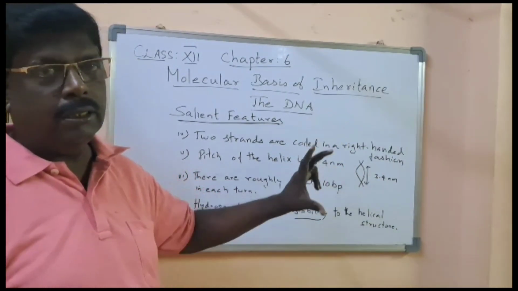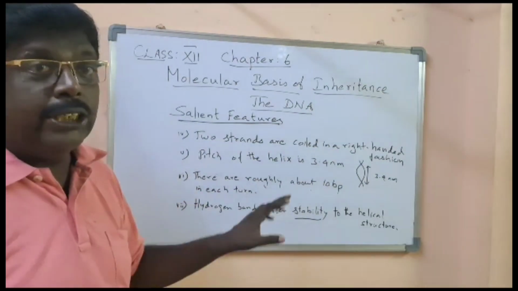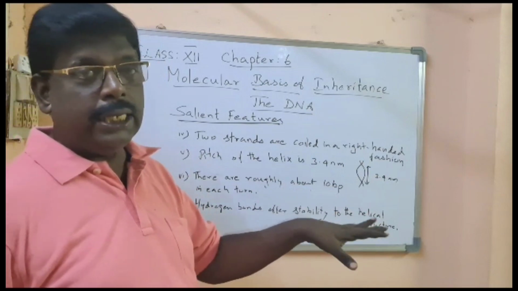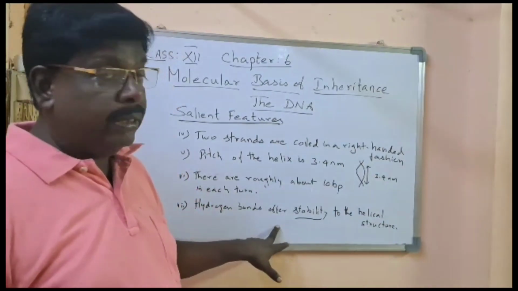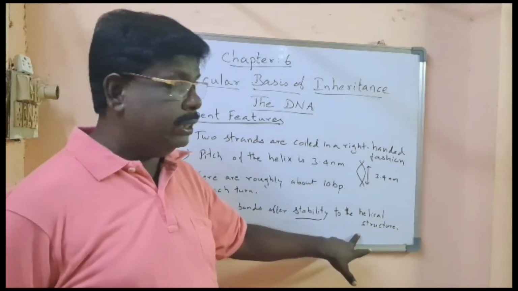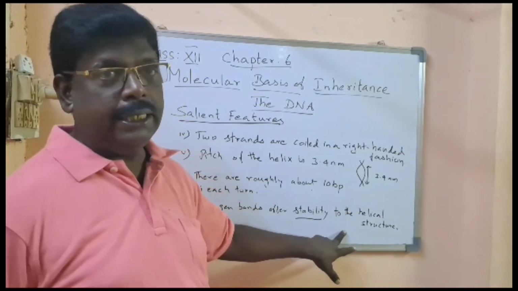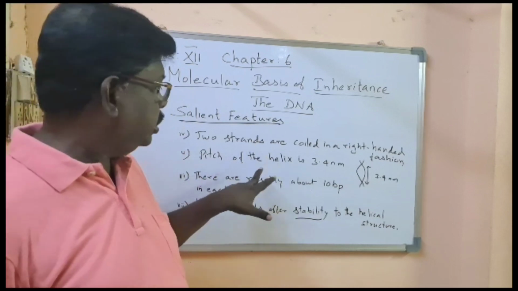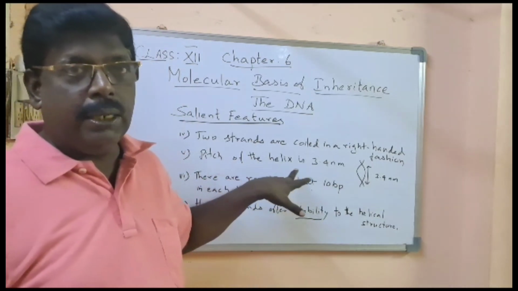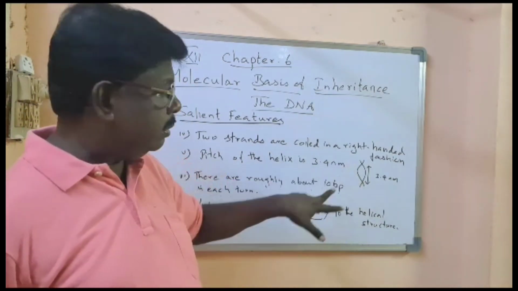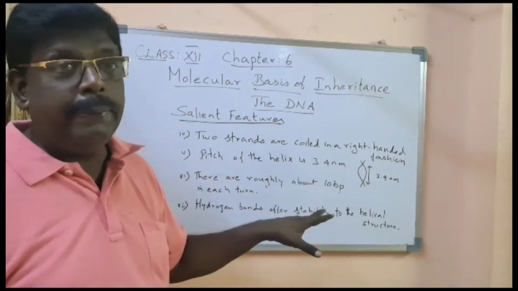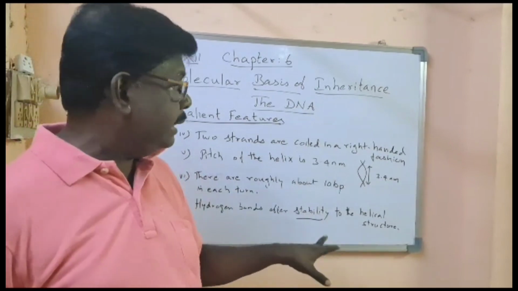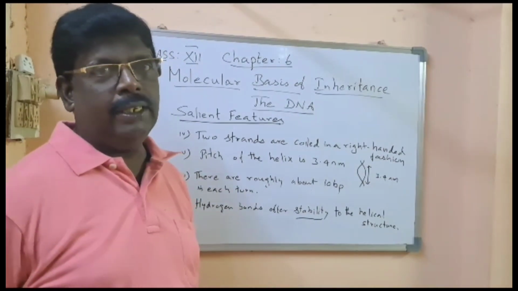The hydrogen bonds between adenine, thymine, guanine, cytosine provide stability to the helical structure. Again, I repeat: strands are coiled in a right-handed fashion, the pitch is 3.4 nanometers, roughly 10 base pairs in each turn, and hydrogen bonds offer stability to the helical structure.